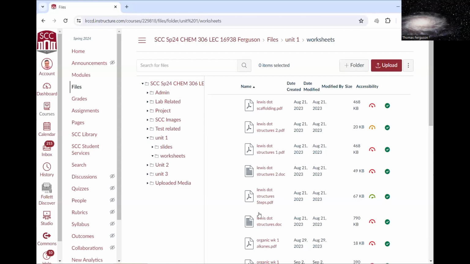Now, this Unit 1 has a few more worksheets because it covers more material, because this is a 3-unit class as opposed to a 5-unit class, because this covered aldehydes and ketones and carbohydrates as well. So this first test is going to be only on alkanes, alkenes, alcohols, and ethers.